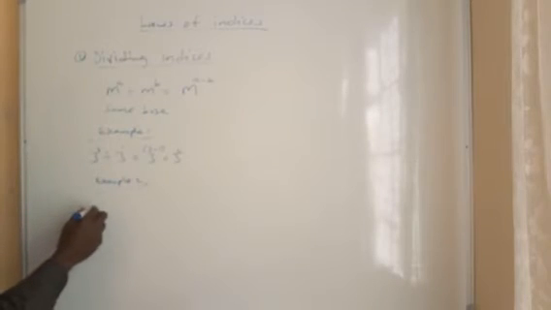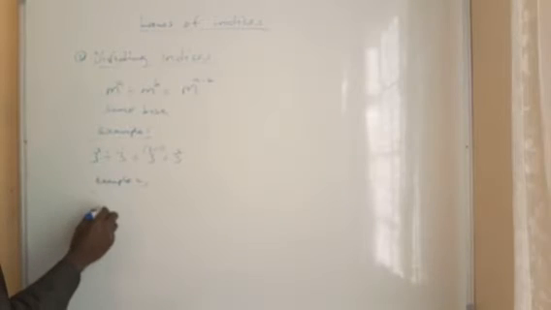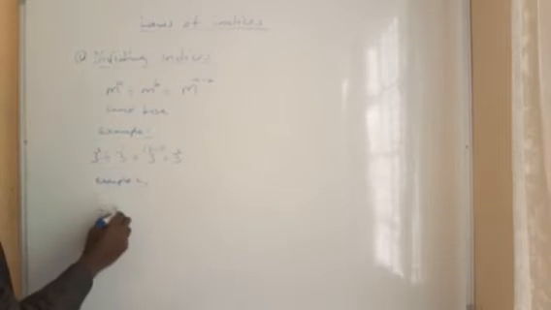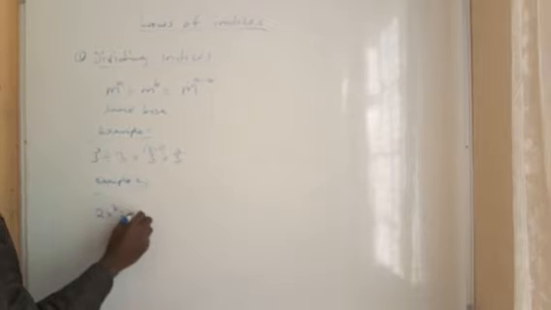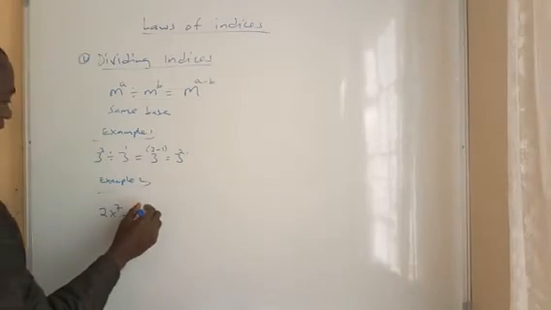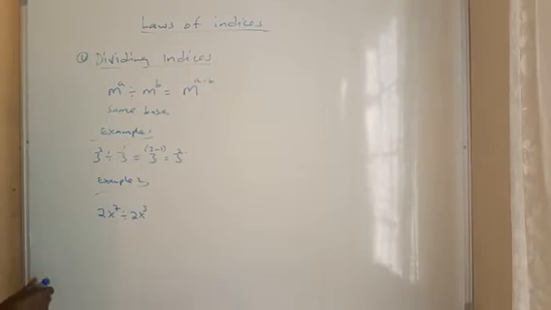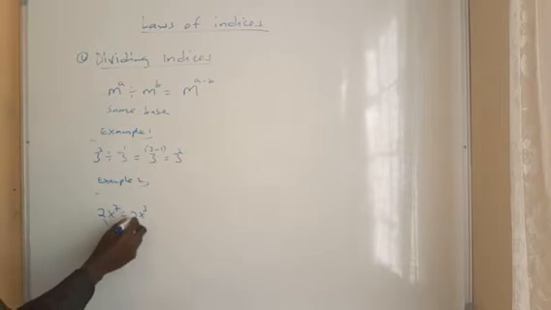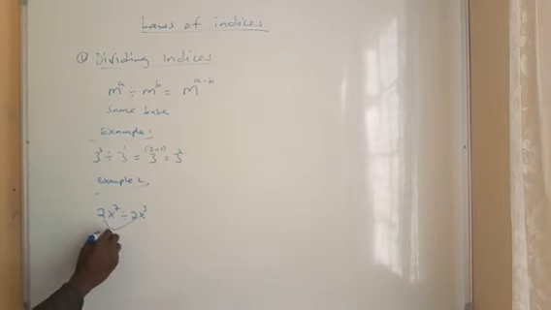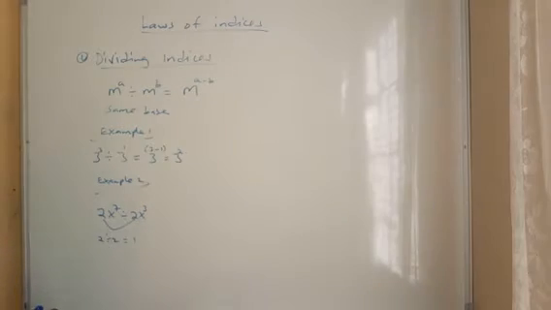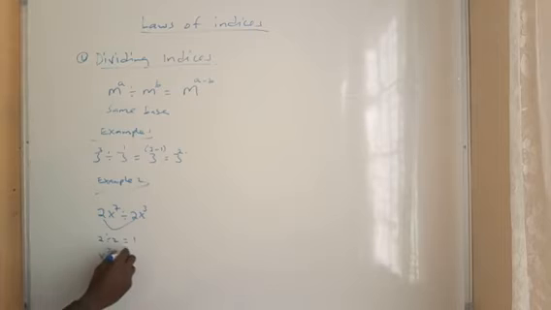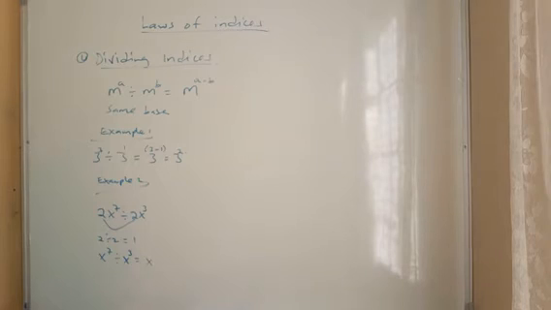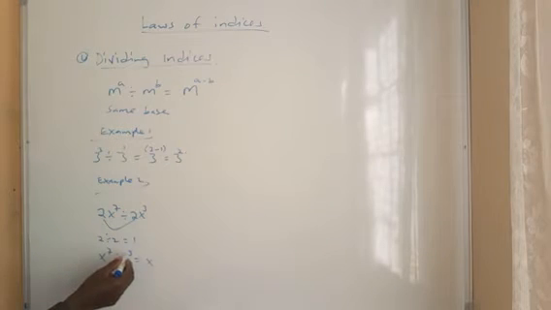Example 2. If I have, for example, 2x to the power 7, you divide by 2x to the power 3. We begin with the numbers separately. You divide 2 by 2, we know that the answer is 1. Next, x to the power 7, you divide by x to the power 3. The bases are the same, that is x, so 7 minus 3.